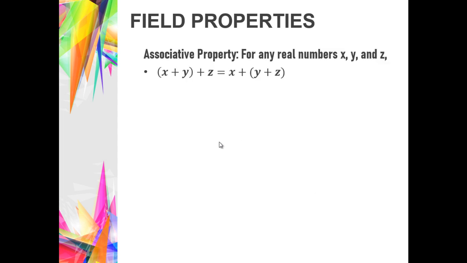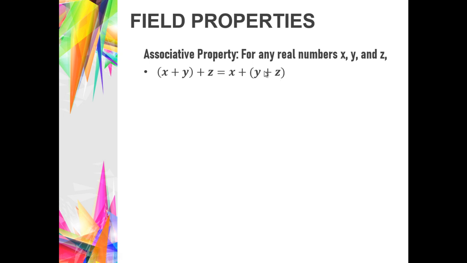I'm sorry, the laptop is lagging. Okay, associative property. For any real numbers x, y, and z, x plus y plus z in parentheses is equal to x plus y plus z with the grouping shifted. So what's the difference?